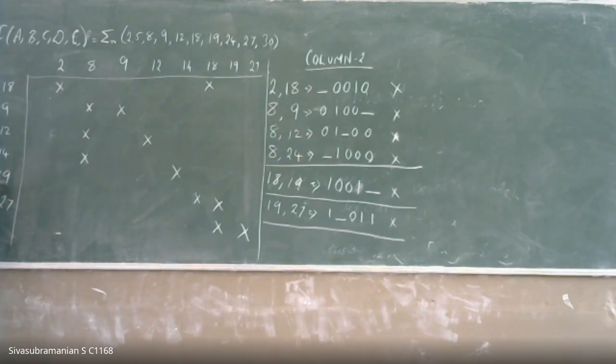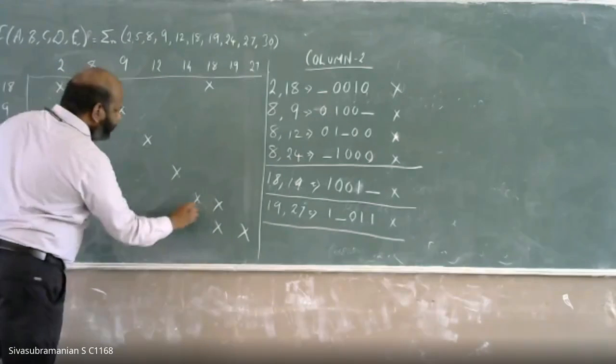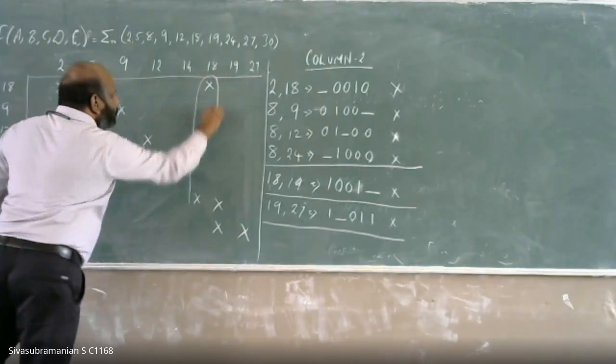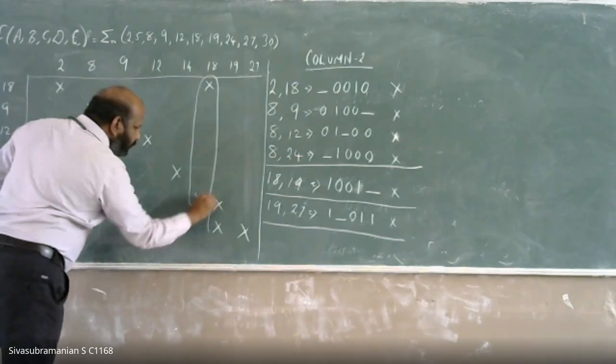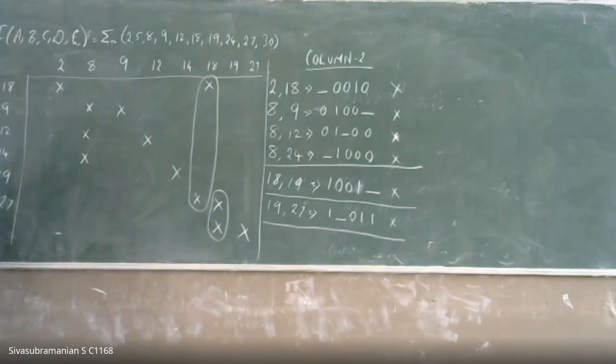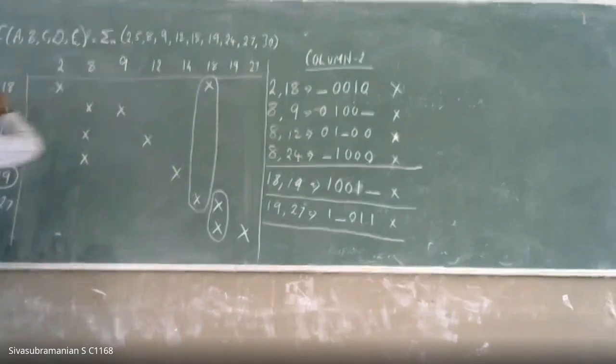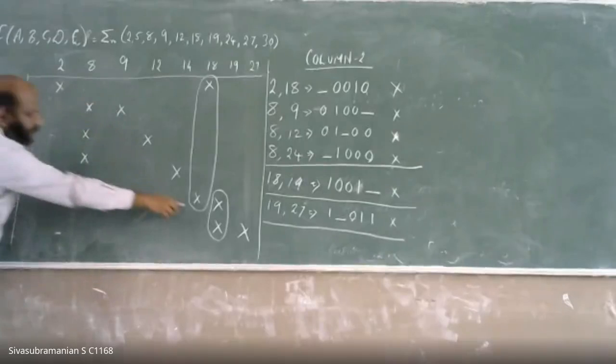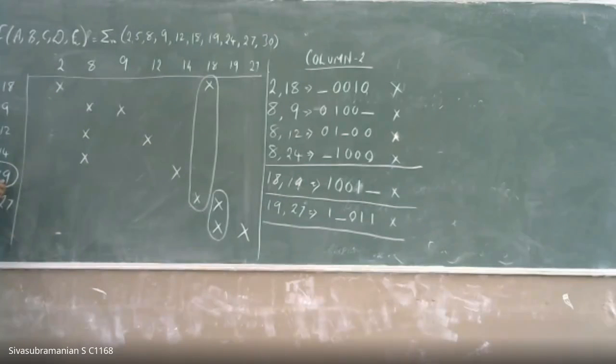Then look at 18 comma 19. This is here, this is here. In case I consider this 18 comma 19 as a non-essential prime implicant, no big change is going to happen, because 18 is going to map with 2, 18, and this 19 is going to be compensated with 19, 27.